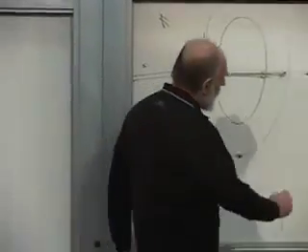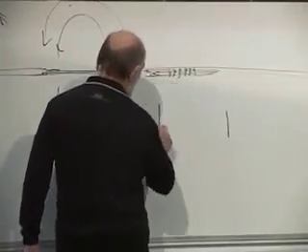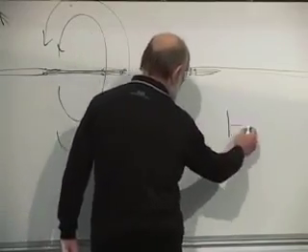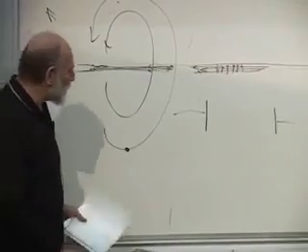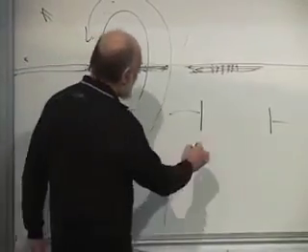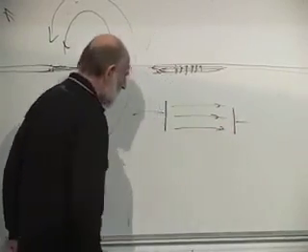For example, you take a capacitor plates over here connected to wires. If the capacitor plates have charge on them, then there will be an electric field between the capacitor plates.